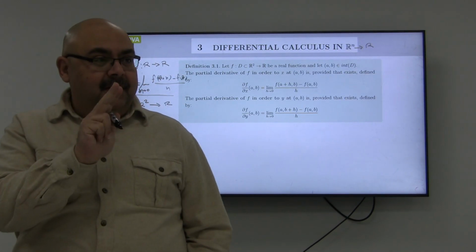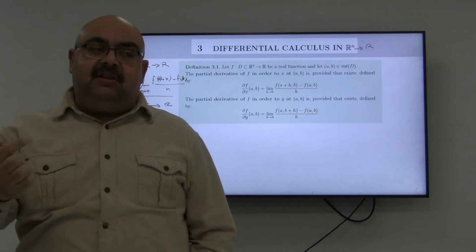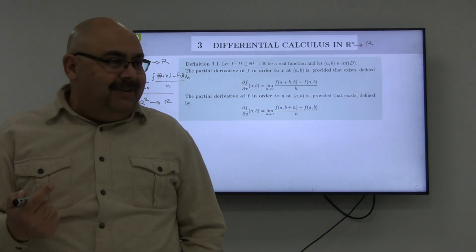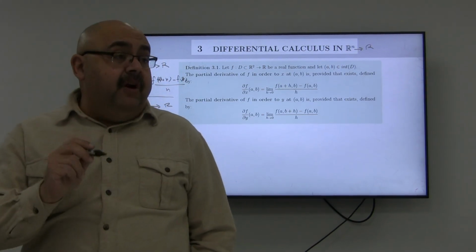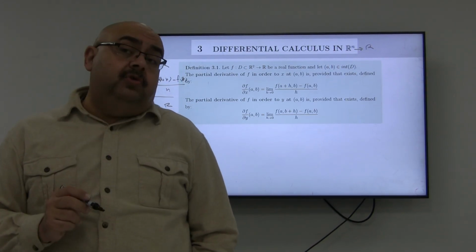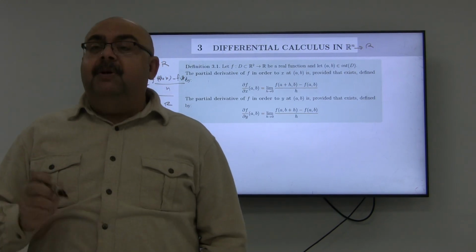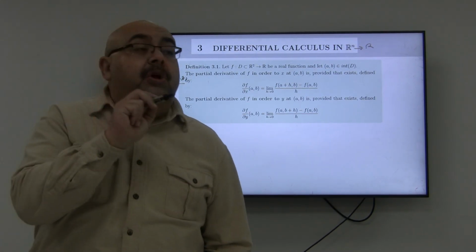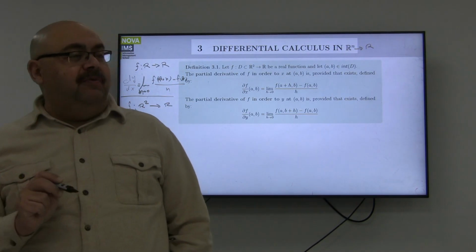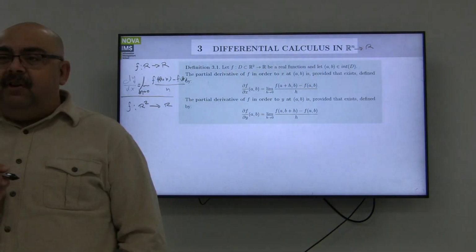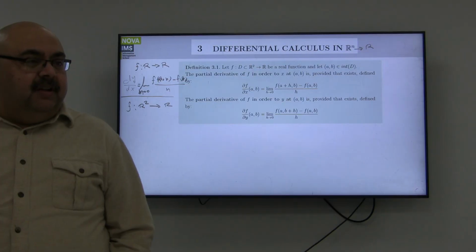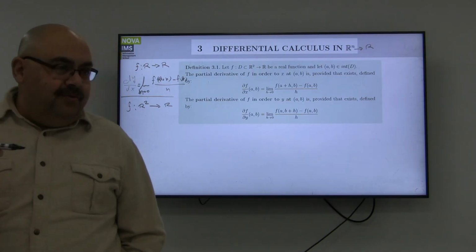Two of them. And what's going to be the result? Just one output. So it's a function in several variables. If I want to differentiate, I can, but you will have to determine in which direction. So I will find the first derivative in the x direction, or the first derivative in the y direction. This is why it's a partial derivative.